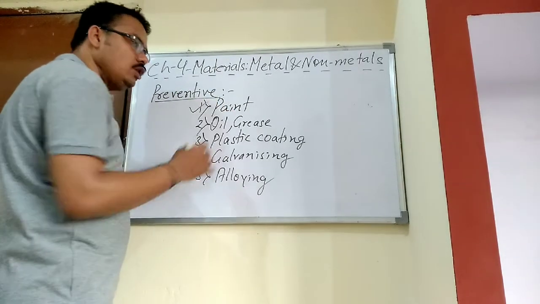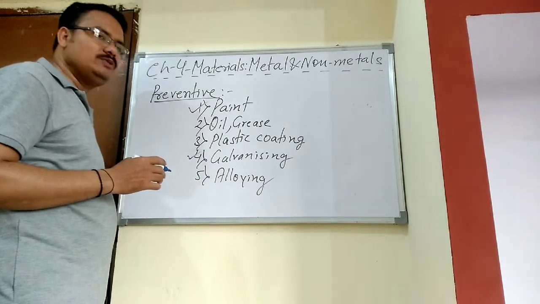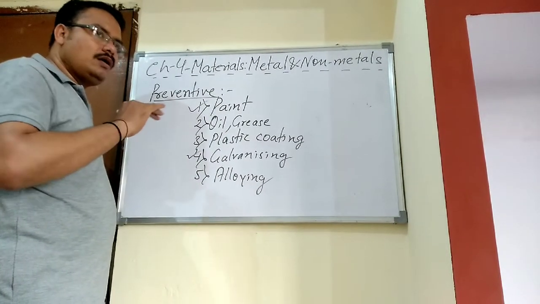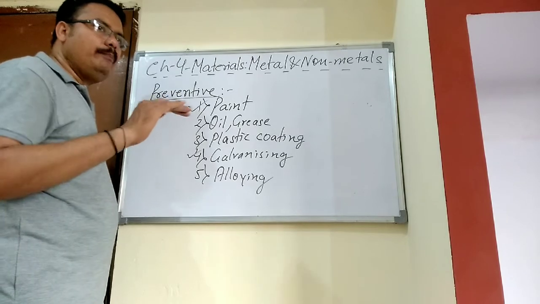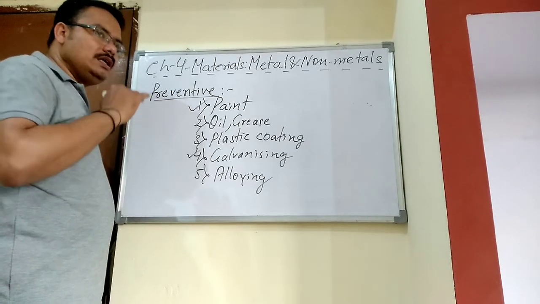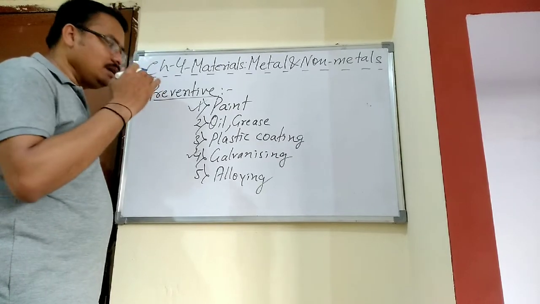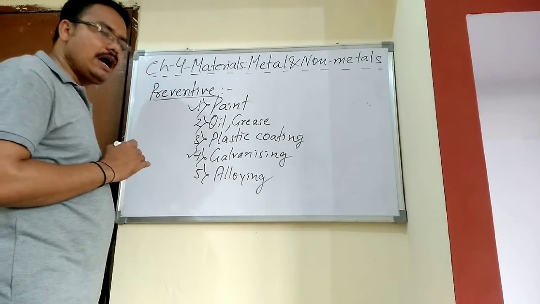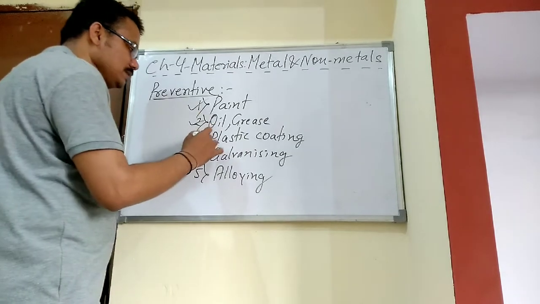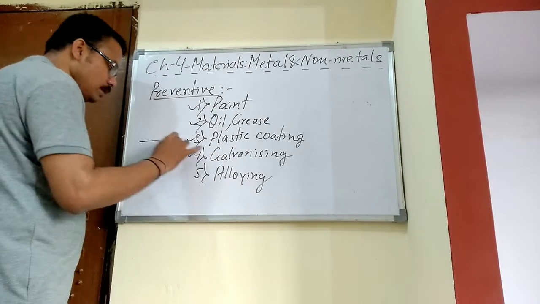In the case of painting also, if you paint an iron object, the upper layer of the iron is now a paint which keeps moist air from coming in direct contact with the iron. In the same way, oil and plastic form a protective layer.